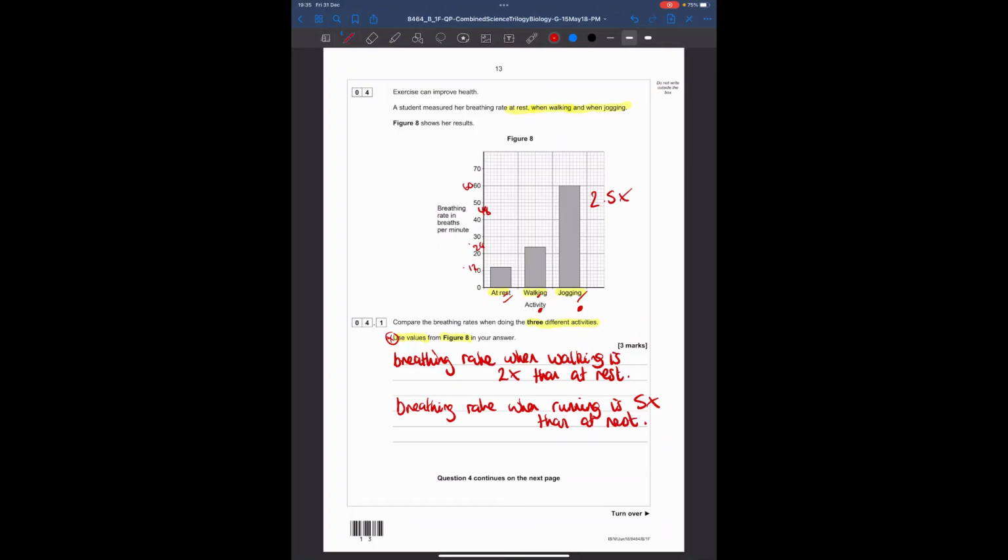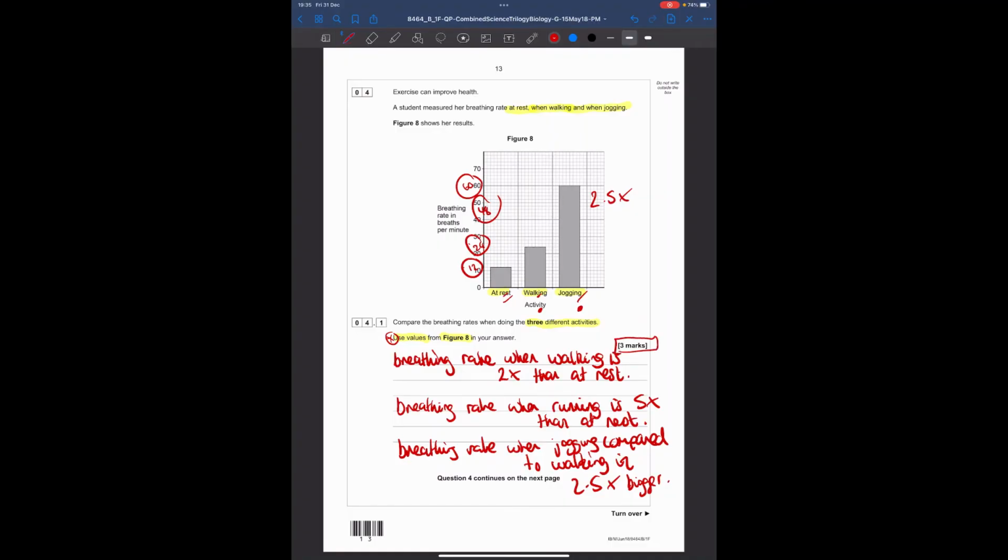So your final mark would be the breathing rate when jogging compared to walking is 2.5 times bigger. And you could also quote these specific numbers in your answer as well. But that would get you your 3 marks.